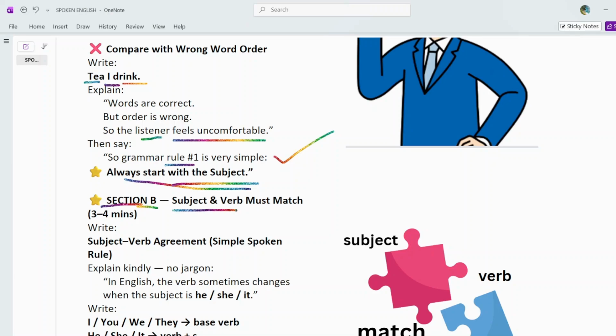What does section B actually say? It is subject and verb match. Another very important criterion or parameter to keep in mind when I'm talking about speaking proper English grammatically. Till day 6, we were talking about certain strategies, analogies and methodologies that you can use to speak fluently.